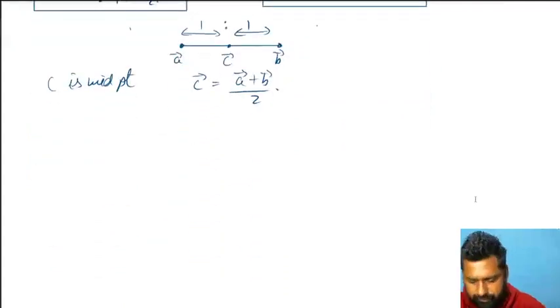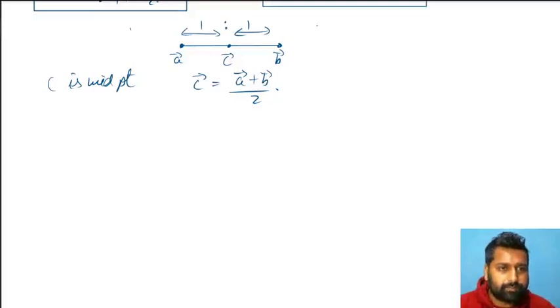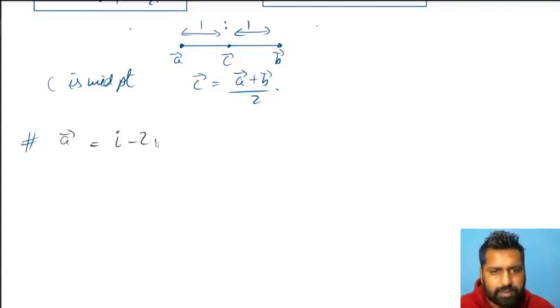Done. Let's solve a few questions, then we'll look at the concepts. So let's start with a very simple question. Let's do addition of two vectors. A vector is i cap minus 2j plus k. B vector is, let's say, minus 2i plus 4j plus 5k.